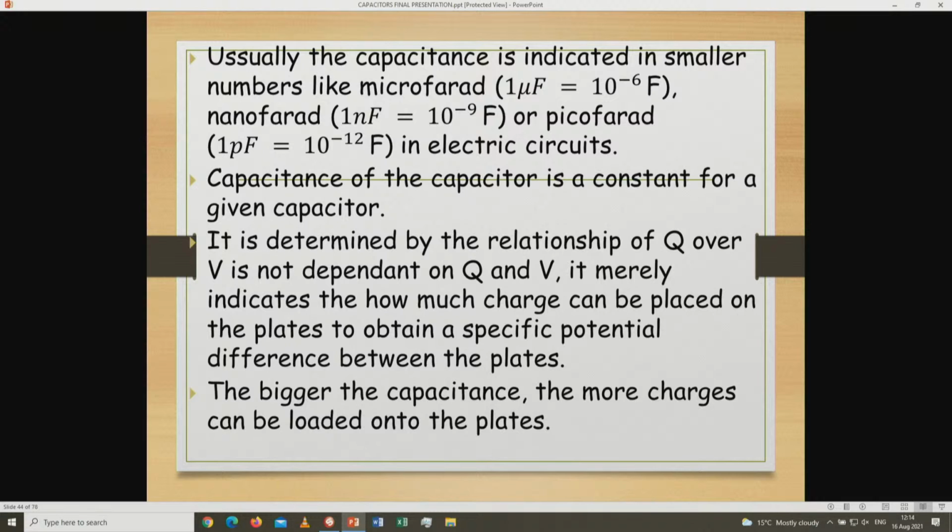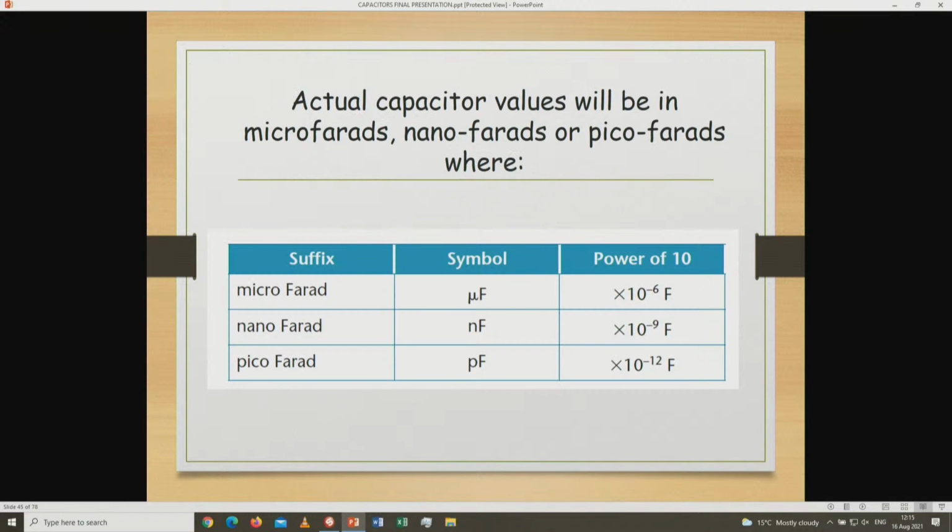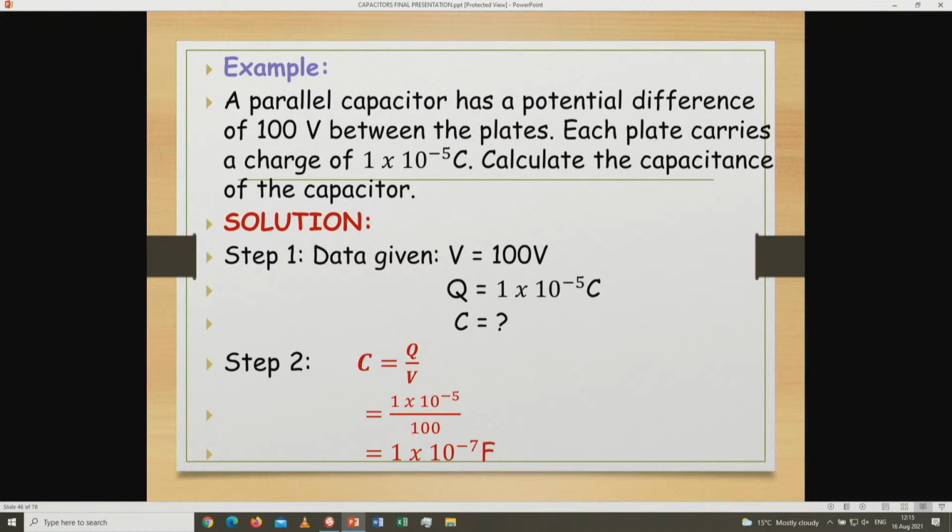The bigger the capacitance, the more charge can be loaded on the plate. These are the values I've indicated for converting microfarads to farads.